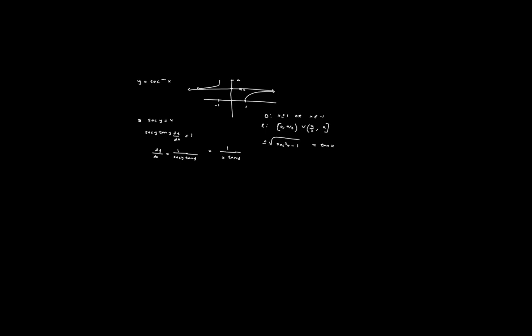In this case, this plus or minus is very important because the x value that we're taking into account, where x is the range, is going to be from pi over 2 to pi, or 0 to pi over 2.